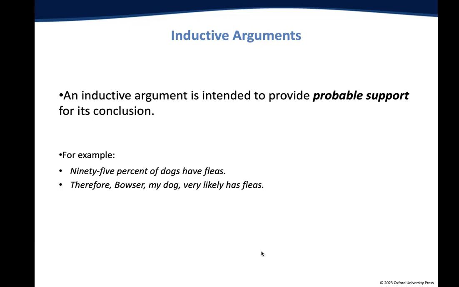So instead of saying things like all dogs have fleas, an example of an inductive argument, or some of the language or wording that would be used in an inductive argument, would be something like 95% of dogs have fleas. Therefore, Bowser, my dog, very likely has fleas. So we're talking about probability, we're talking about likelihood, and those are the types of things that suggest an inductive argument.